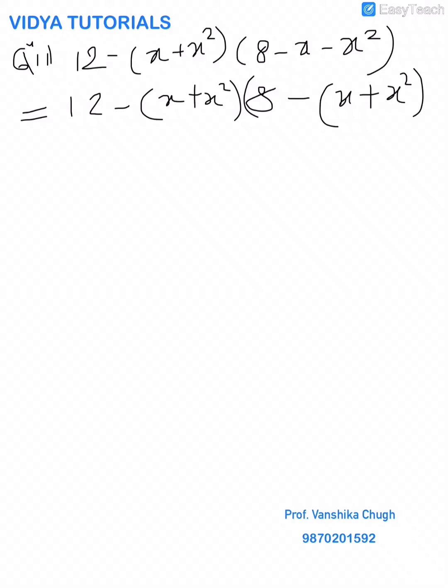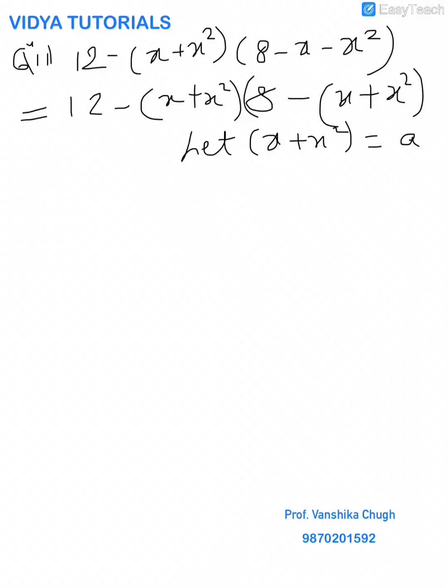Now if you see, there is certain similarity here and here. So I will assume these two brackets as any alphabet, since x is already used. So I will take a. So let x plus x square be equal to a. So my equation becomes 12 minus a bracket 8 minus a.